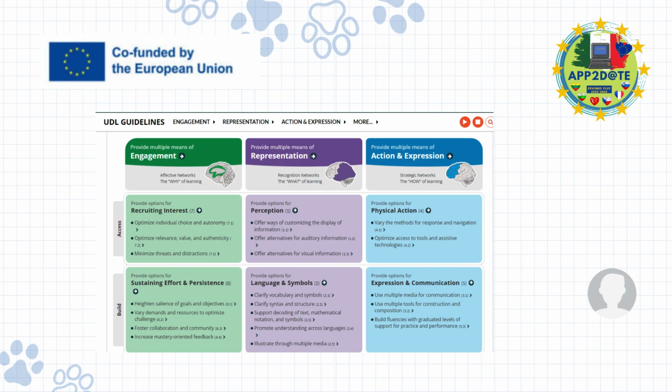The violet, the purple one, to provide multiple means of representation. Recognition networks, the what of learning. So perception: offer ways of customizing the display of information, offer alternatives for auditory information, offer alternatives for visual information.